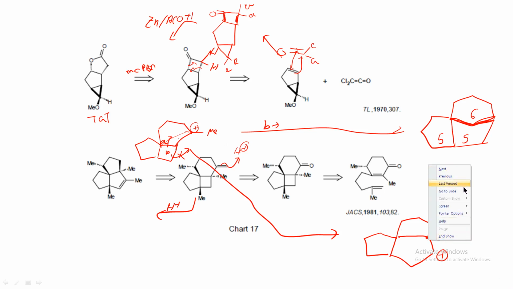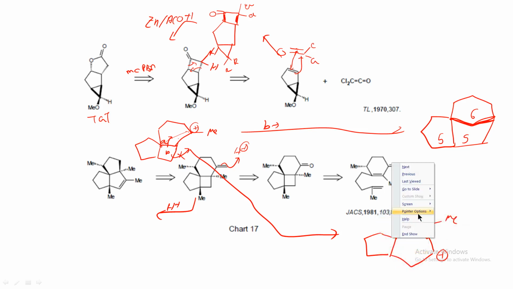So here, now when this is done, oh, and here is methyl also, which also helps, for it is a 3-degree thing. So now the elimination would lead to this target molecule.